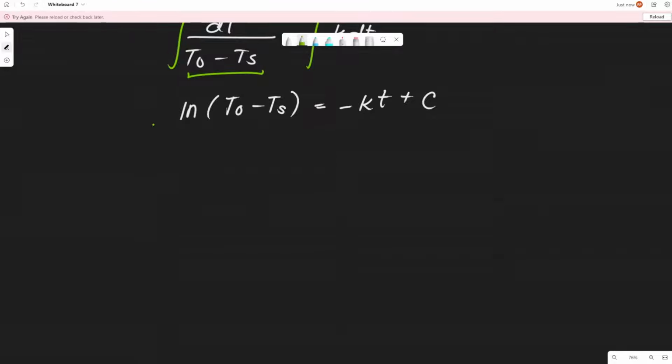By applying the ln and e property, this will cancel, so T sub O minus T sub S equals e raised to negative kt times e raised to C. We know that e raised to C is just simply C.